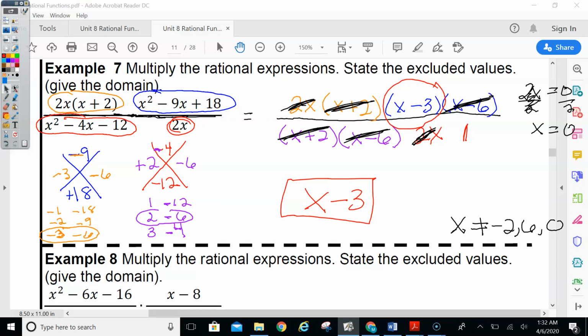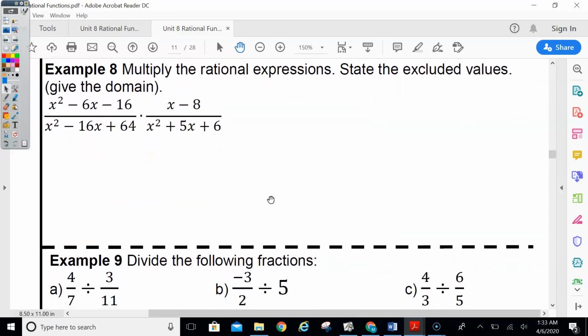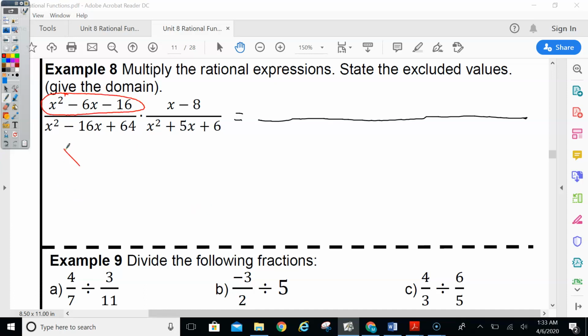Okay, and then we got one more dividing or multiplying example. One big fraction. We're multiplying. So I'm going to factor each of these. I'm not going to be able to make all the x's. I'll make a couple. But the other ones, you can just look at your notes. So here, set up an x for this one, negative 16 to get negative 6.